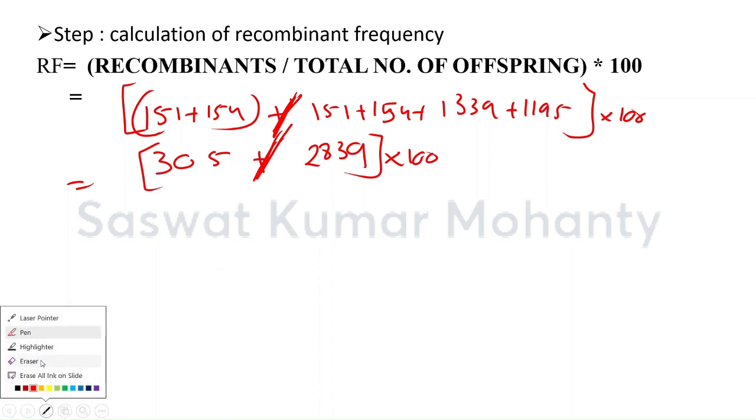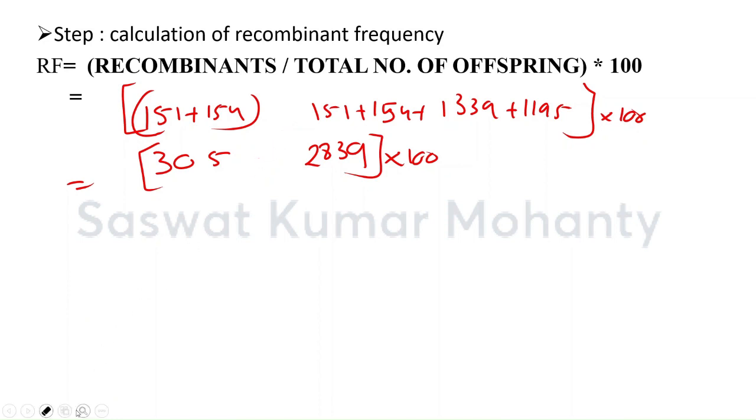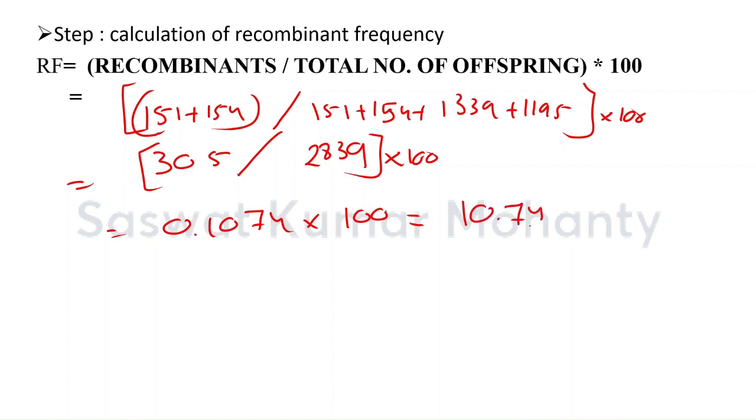So here, what we did: we just calculated the total number of recombinant offspring produced divided by total number of offspring. So 305 divided by 2839, we will get 0.1074, into 100, equal to 10.74.